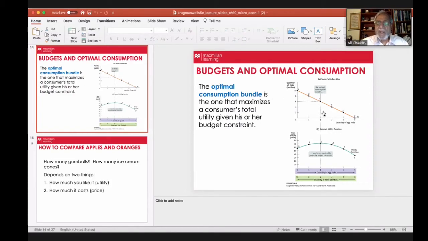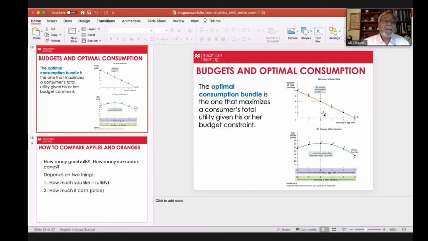In general, we have multiple products in our consumption basket. So the question is, what is the optimal consumption bundle? Given my budget, given the amount of money I have to spend on all the items I want to consume, how would I choose how much of each item I should use, okay?